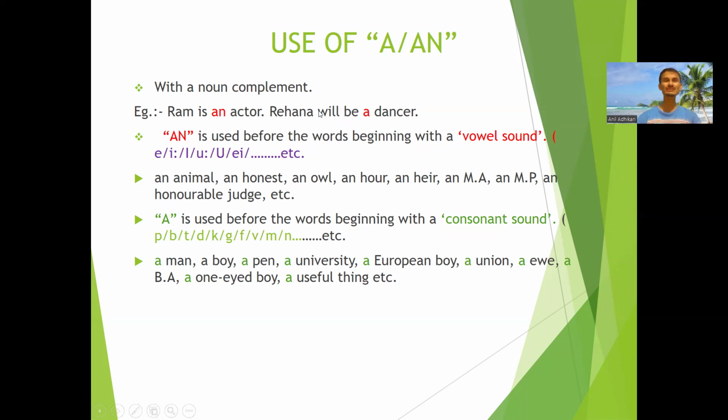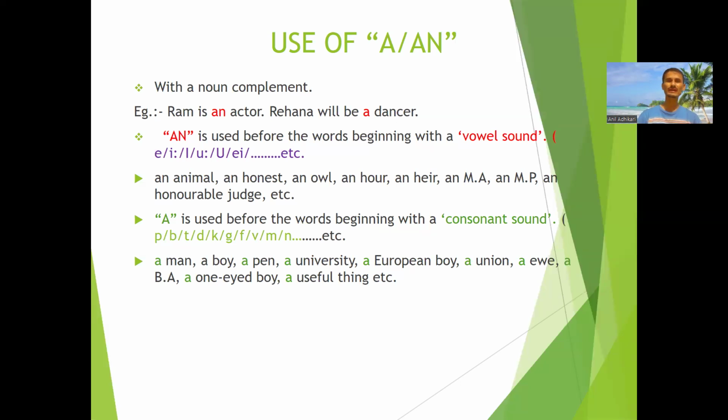Similarly, an is used before the words beginning with a vowel sound, not vowel letter. Most of the students are confused between letters and sounds. Letters are different and sounds are different. Your focus should be sound, not letter. Basically, the initial sound.